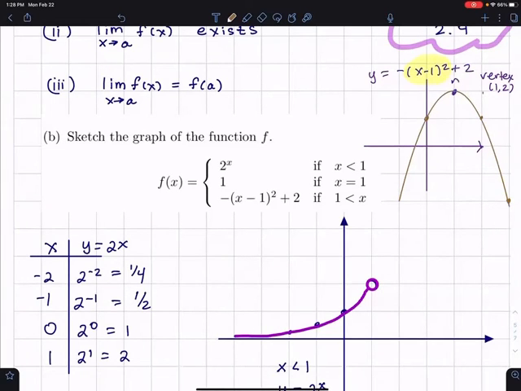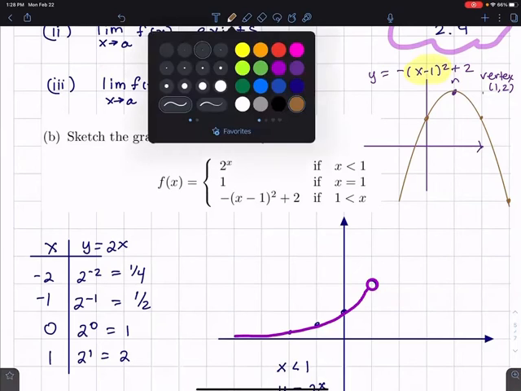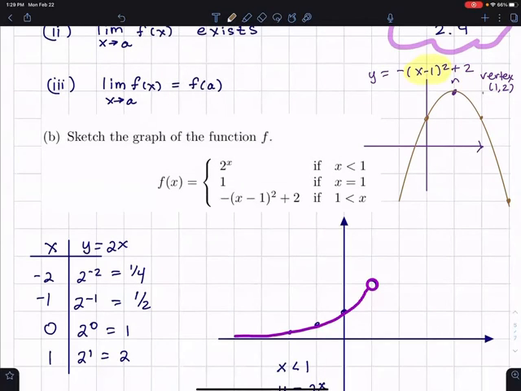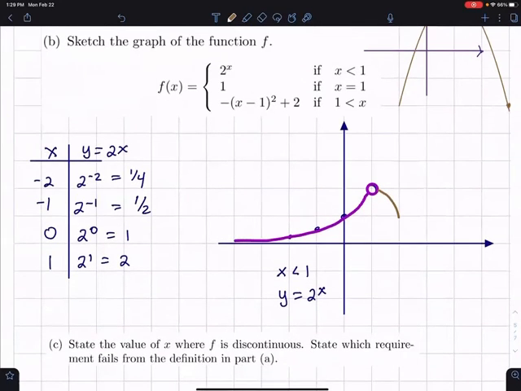Okay, that's y equals negative (x minus 1) squared plus 2. The vertex is 1, 2. Then over here I'm going to sketch that graph, and it might not come out as nice, but this is for x greater than 1, so I'm just going to plug that in. By the way, you can plot points on the side of the paper.